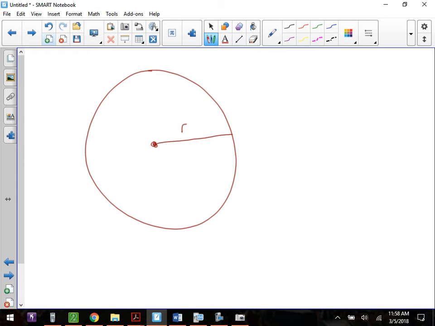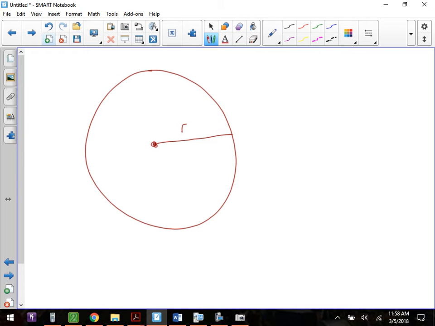Yeah, exactly. And that's how you define a circle. A circle is defined by a set of points that are all equidistant to a center point. Those points are around the periphery of it, and that equidistance comes from the radius.